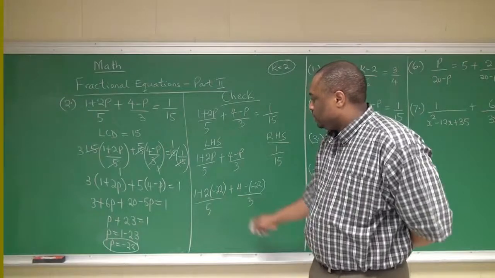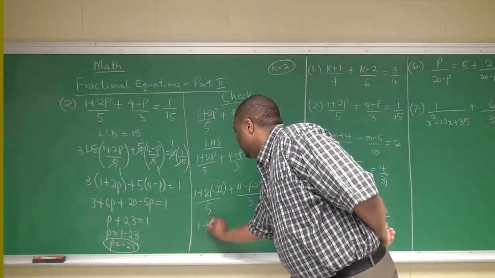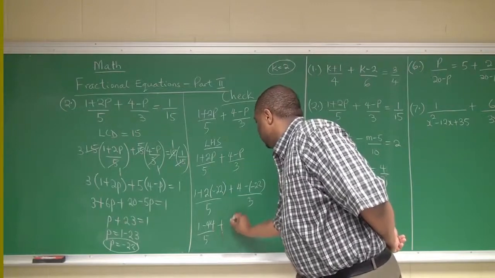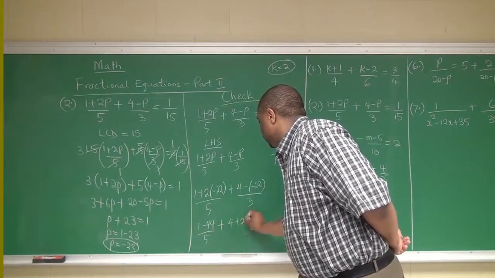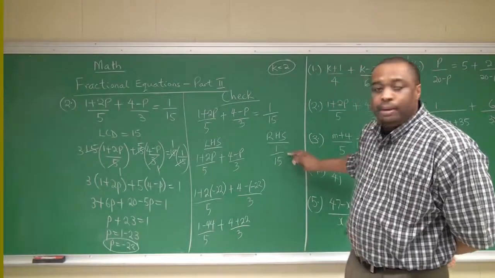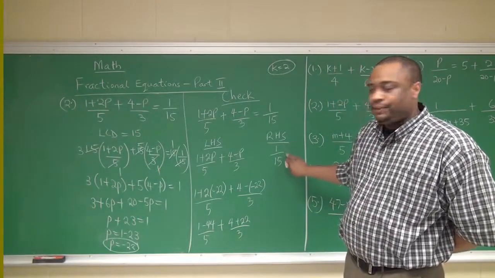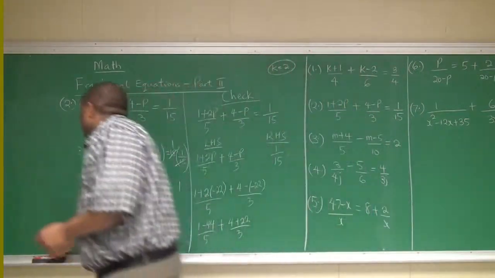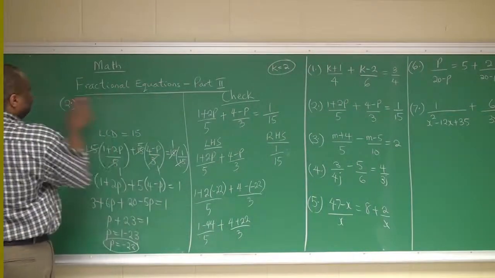Okay? So this gives us what? 1 minus 44 over 5 plus 4 plus 22 over 3. Okay, let's finish it up. Remember, we want to get 1 over 15. That's what we want. If we don't get it, we're in trouble. Okay? We've got to get it.